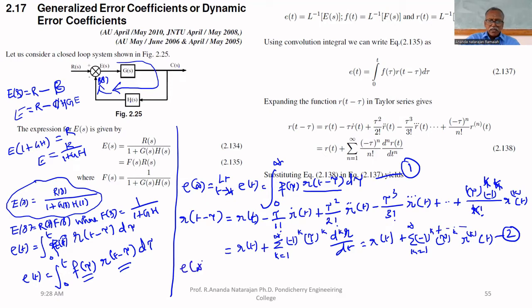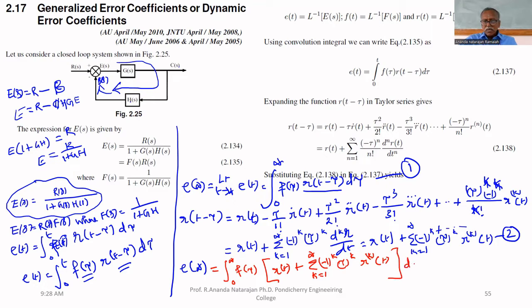E of infinity equals the integral from 0 to infinity of f of tau, and within the bracket you substitute r of t plus the sum from k equals 1 to infinity of minus 1 to the power k, tau to the power k, kth derivative of r, d tau.